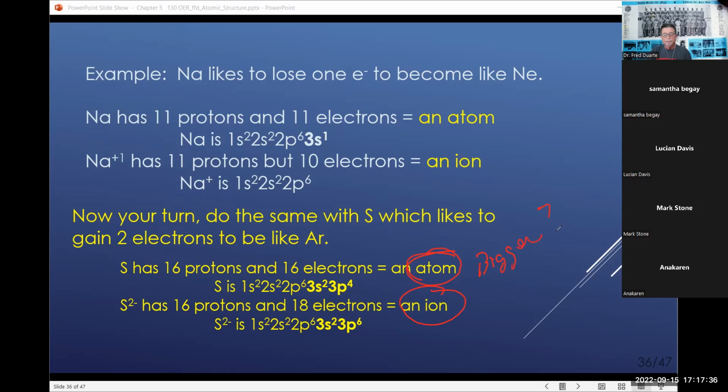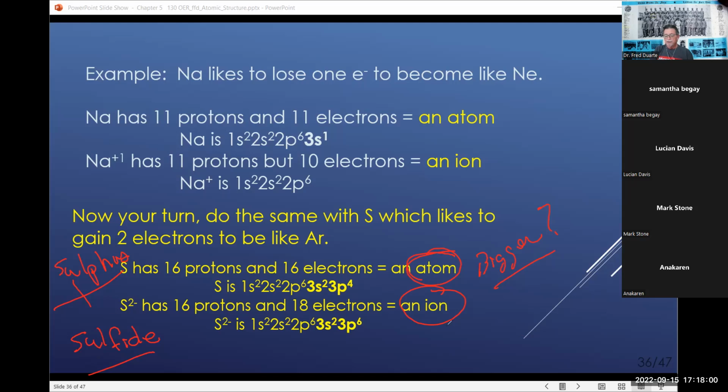Which one's bigger as far as the radius? The sulfur atom or sulfide? Sulfur versus sulfide. What does your deductive reasoning tell you here?